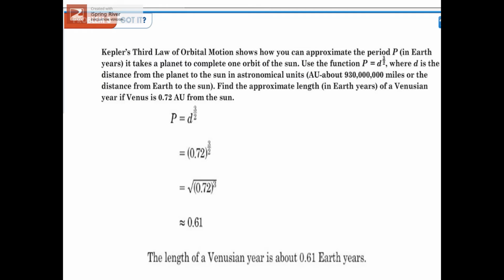Now simplify. What is the square root of 0.72 raised to 3? Yes, that is approximately 0.61 or 61 hundredths. So the length of a Venusian year is about 0.61 Earth years.